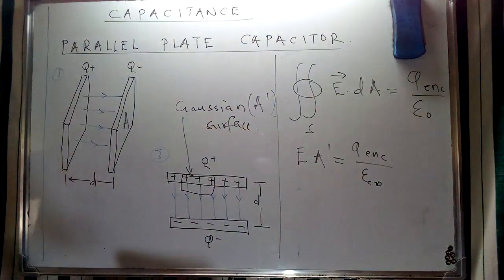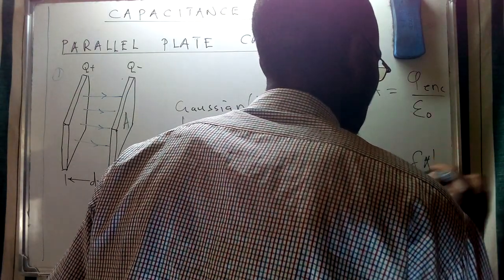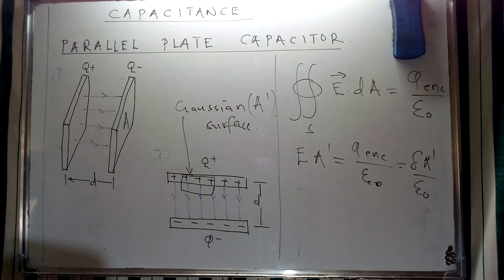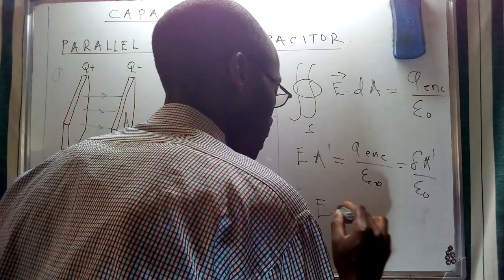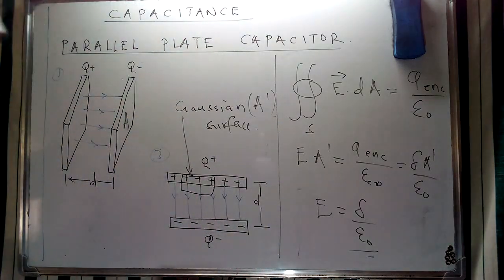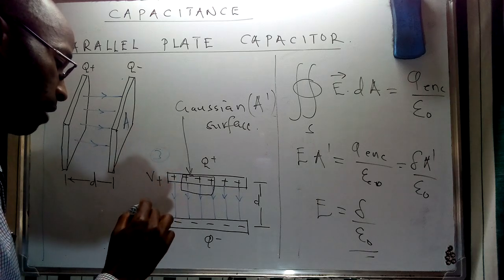In this respect, this gives us sigma A prime over epsilon naught, implying that the electric field is sigma over epsilon naught. The potential difference, the change in V, is the difference between the positive plate, V positive, and V negative.